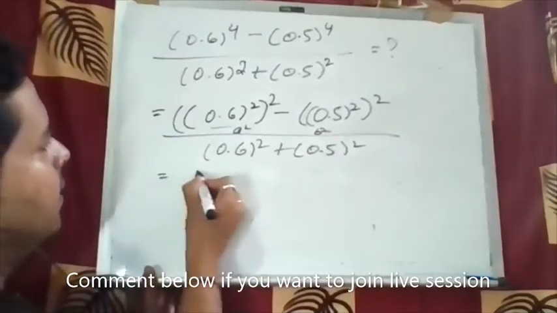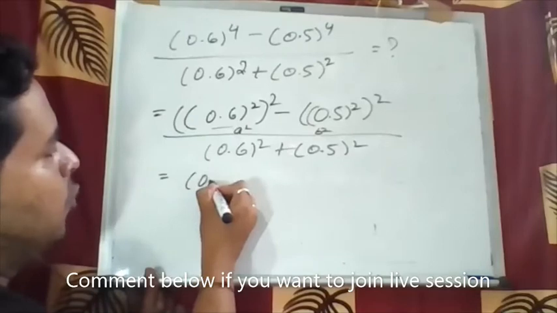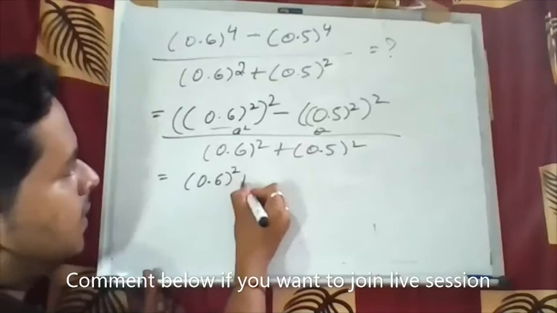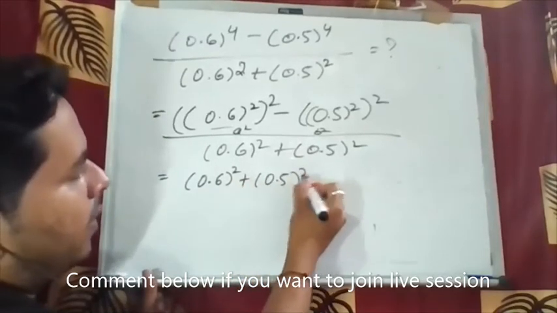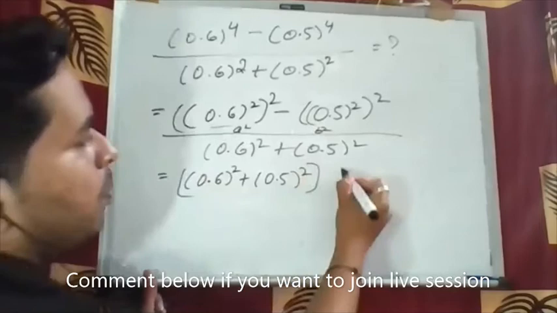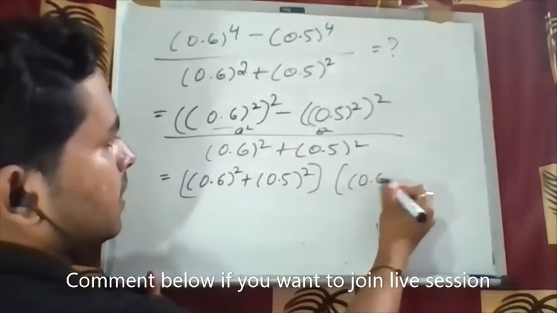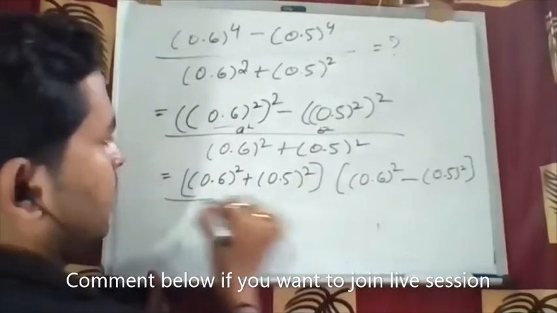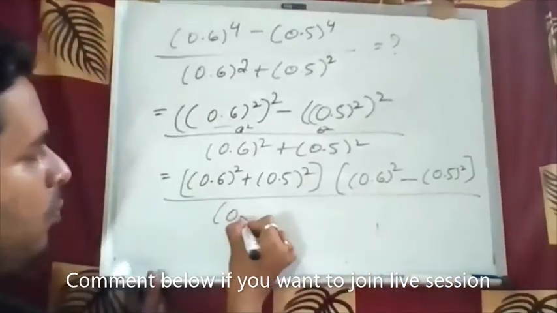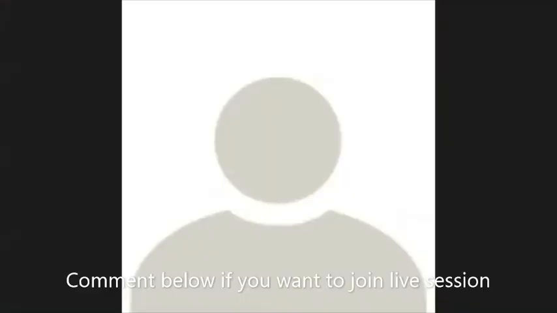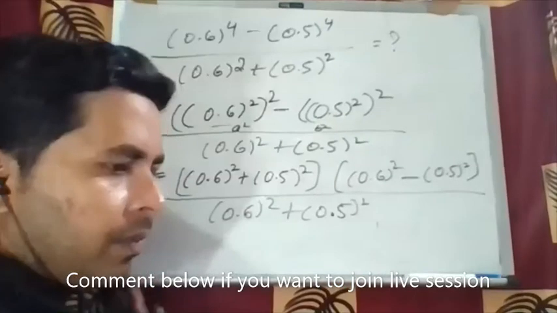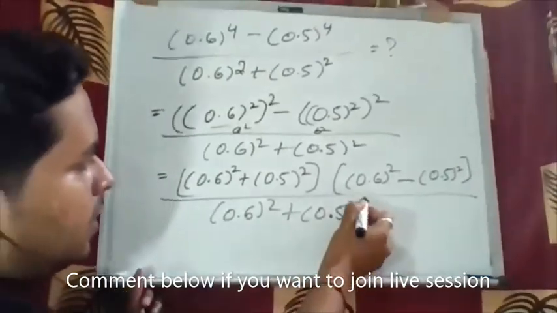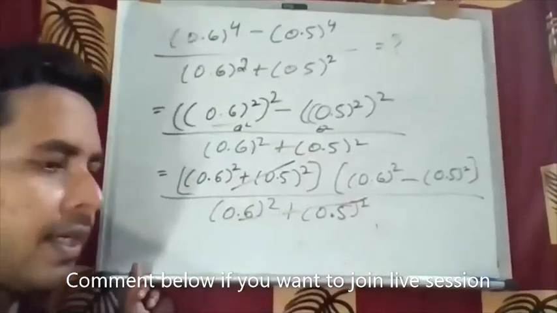So now I'll write here 0.6 square plus 0.5 square is a 1 plus group, and here 0.6 square minus 0.5 square divided by 0.6 square plus 0.5 square. 0.11 is the answer. So here this full group will get cancelled.